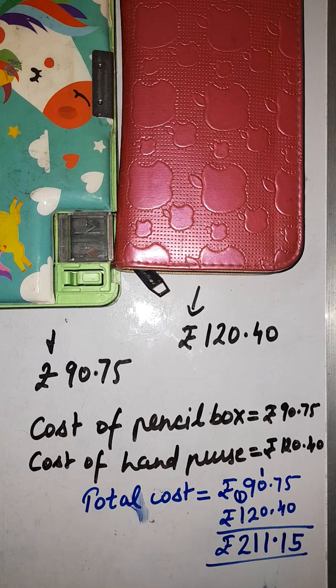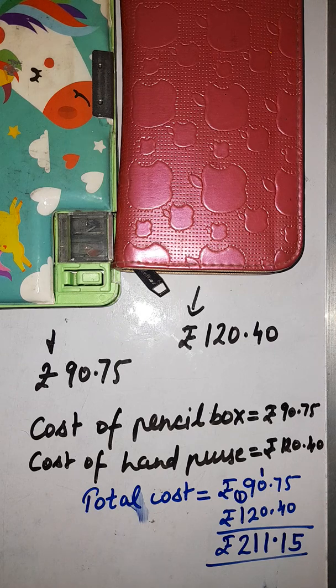Suppose your mother, your parents, and sometimes you also go to the market and purchase some things, you need to give money, such amount to the shopkeeper, and then sometimes you give the accurate money or exact price. Sometimes you just get back the amount. Okay, that means we should know all the operations in mathematics, like addition, subtraction, multiplication and division. So today we are doing word problem sums.